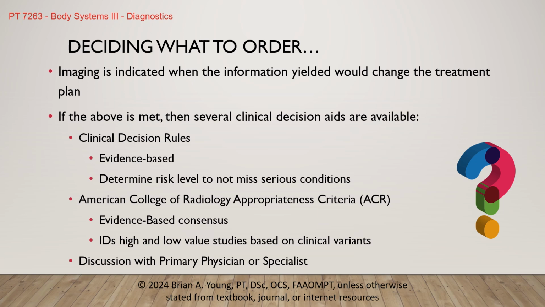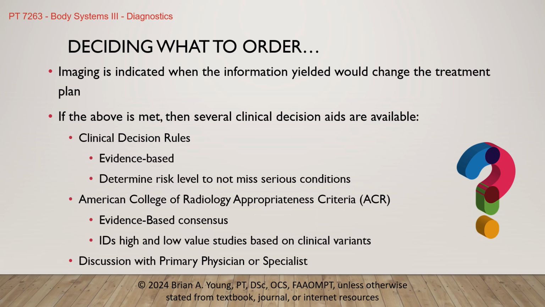Again, imaging isn't foolproof, and risk levels are determined off of statistics, and statistics are based off of numbers and averages. But we want to elevate the quality of these rules to where we're not missing at least serious pathology. So these decision rules are one.